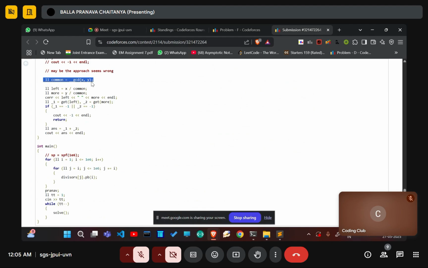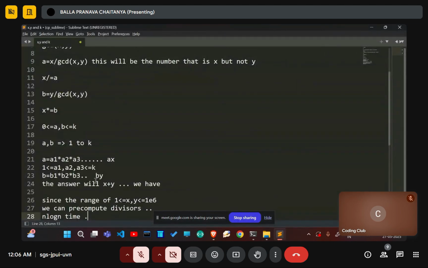This is the number which is in x but not in y. This is another number which is in y but not in x. And simply I have applied the recursive dynamic programming idea. So simply I have to express in this form, right?